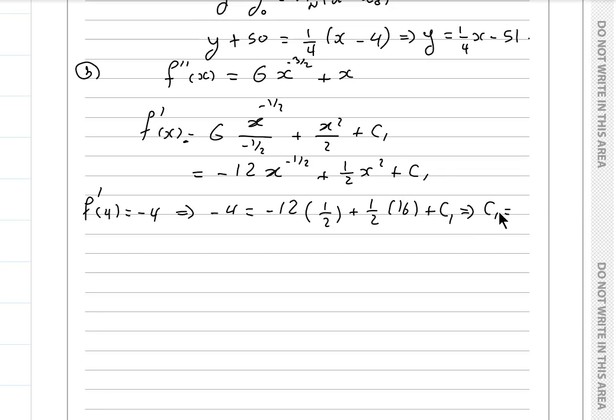This means that c1 is 8 minus 6, then 2 to the other side, minus 2 minus 4, it will be minus 6. So we can write f dash x to be negative 12x to the power minus half plus half x squared minus 6, and then it's ready to be integrated to get f of x.